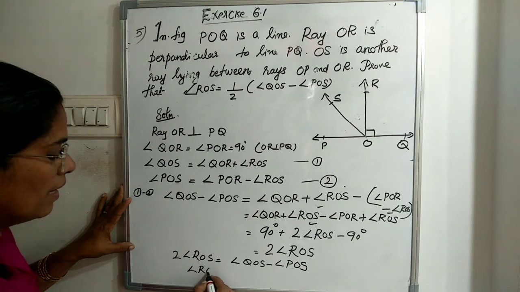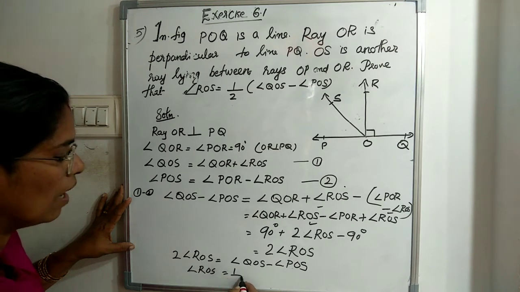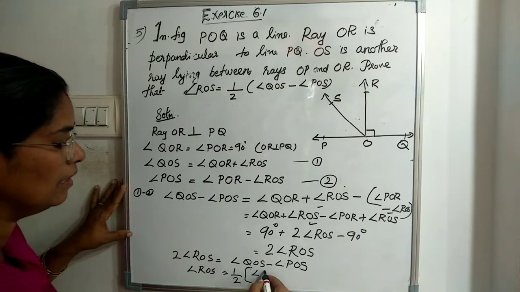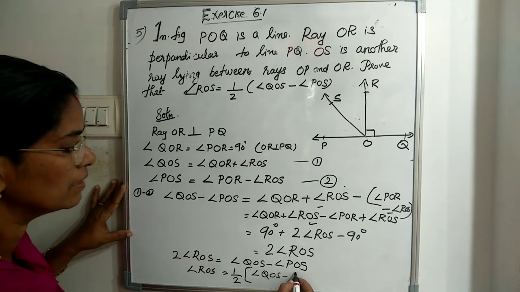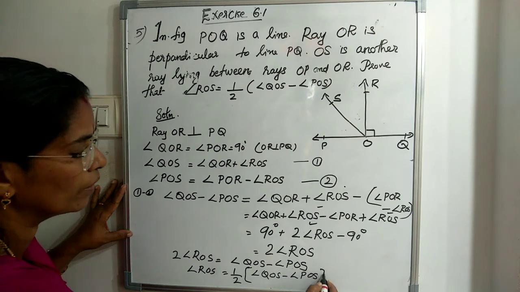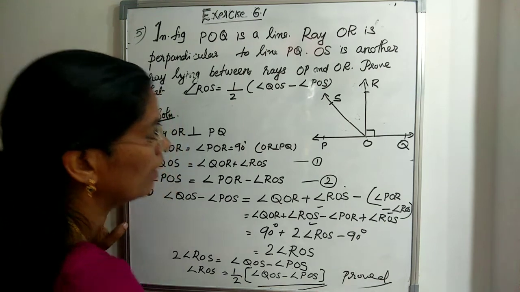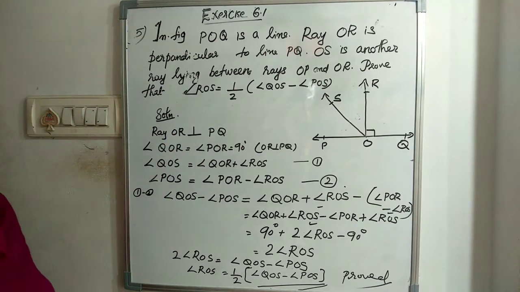Our answer is angle ROS is equal to half, these two we are taking on the right side, then angle QOS minus angle POS. We proved the angle ROS is equal to half of angle QOS minus POS.